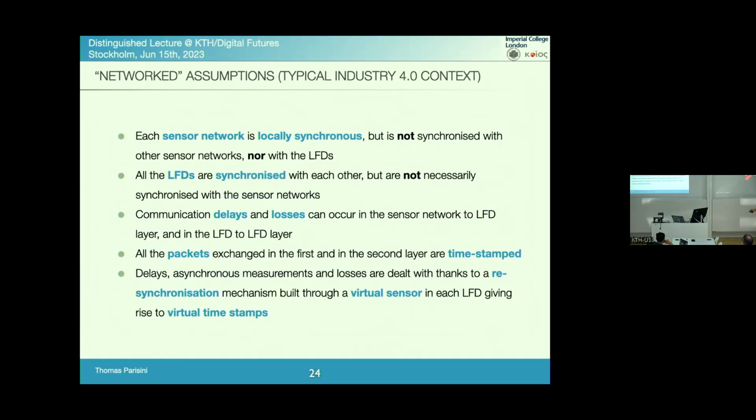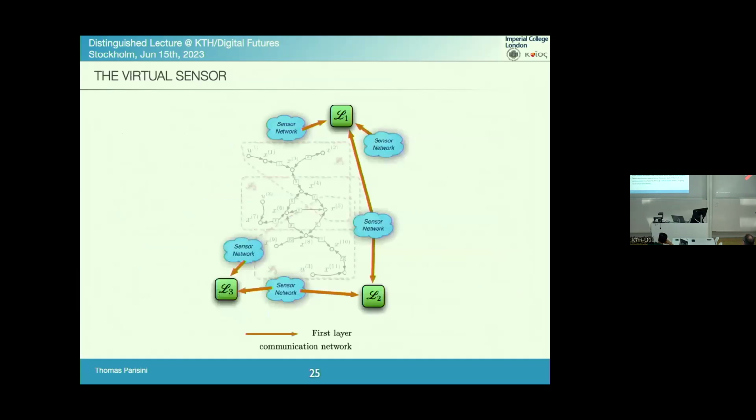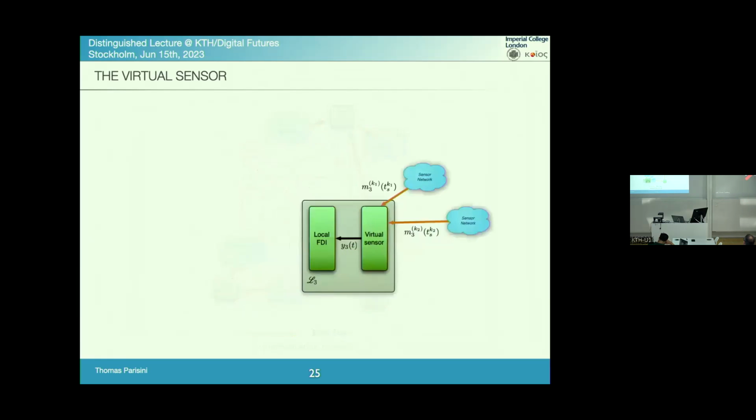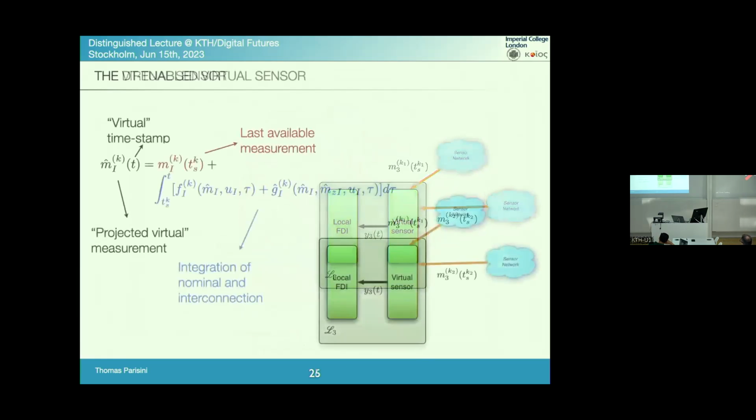Well, you do it by what is called virtual sensors, okay? So basically virtual sensor means that you are using the knowledge of the local dynamics in order to project what the sensor information could be in the future. And that is the synchronization to get to a common timestamp, okay? And this is what I mean, okay?